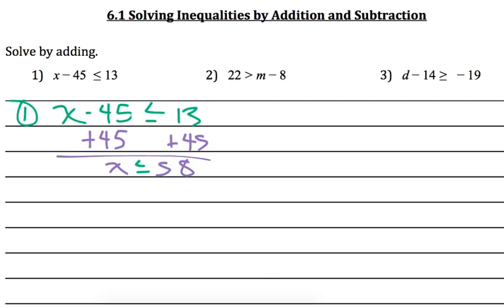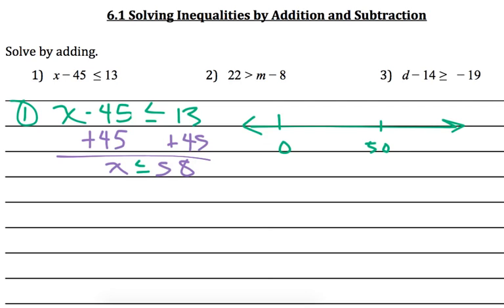Now whenever you do these types of problems, you always want to check them, and you usually want to graph them. Now I'm not going to plot all the way up to 58, but I can just make a mark for 60, or if I wanted to, I can make a mark for 50, and then show 58 over here. But let's take a look at something. We have less than or equal.